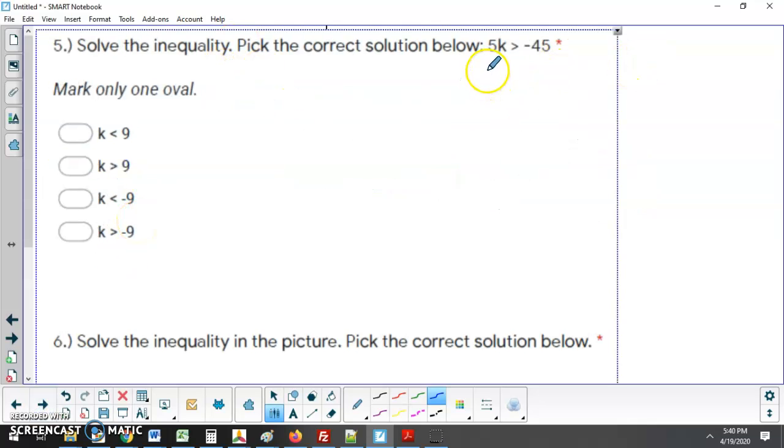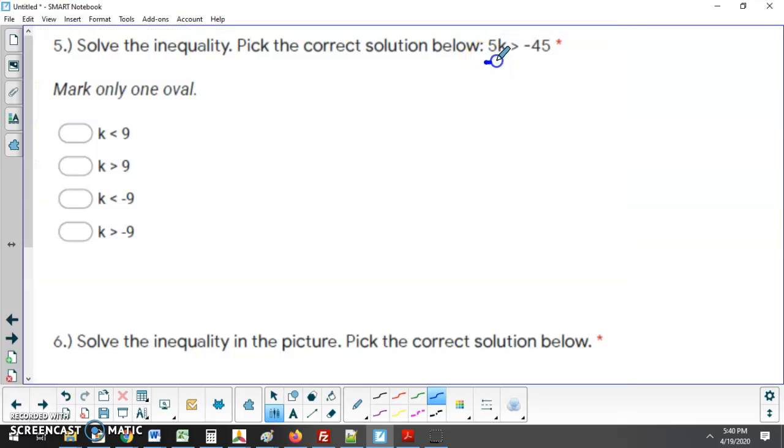So this one here, we are trying to solve this one and pick the right answer. We're dividing to get rid of the 5. It's multiplied by k, so we're trying to divide 5 away, because we want to get 1k left. 5 divided by 5 is 1. So we have 1k, and the question here that might be a little bit tricky is, do I flip my inequality sign?